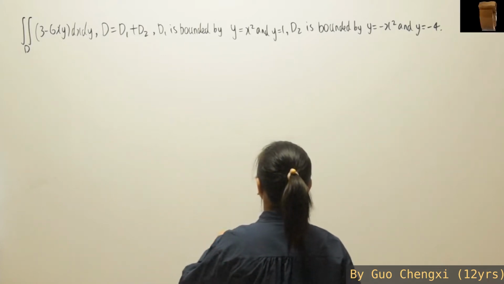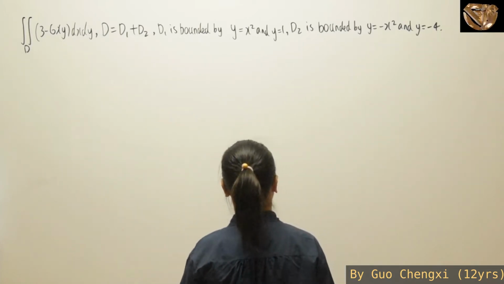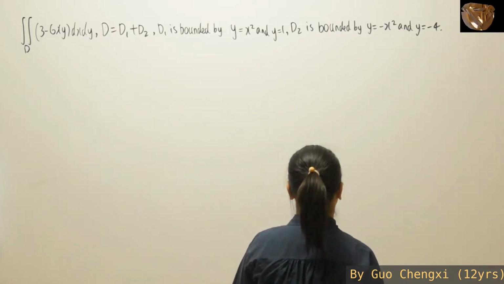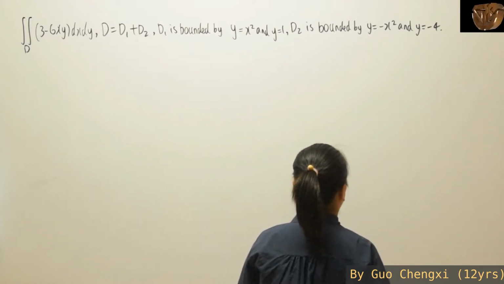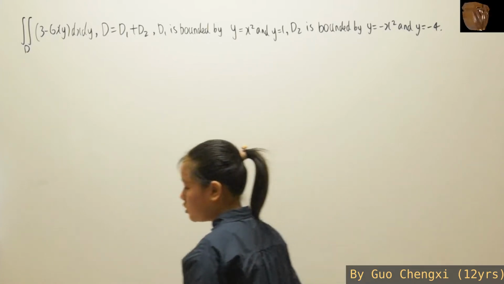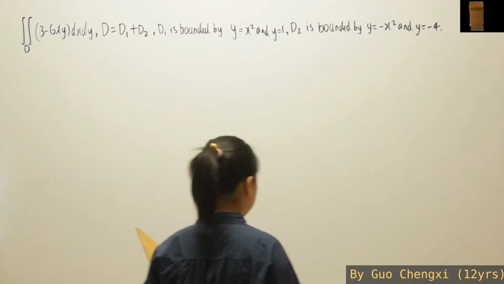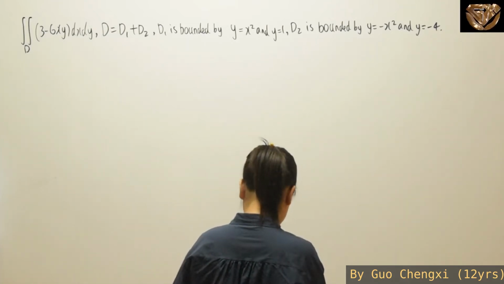So D1 is bounded by y equals x squared and y equals 1, while D2 is bounded by negative y equals x squared and y equals negative 4. So what we're going to have here is, first we're going to draw the graph.